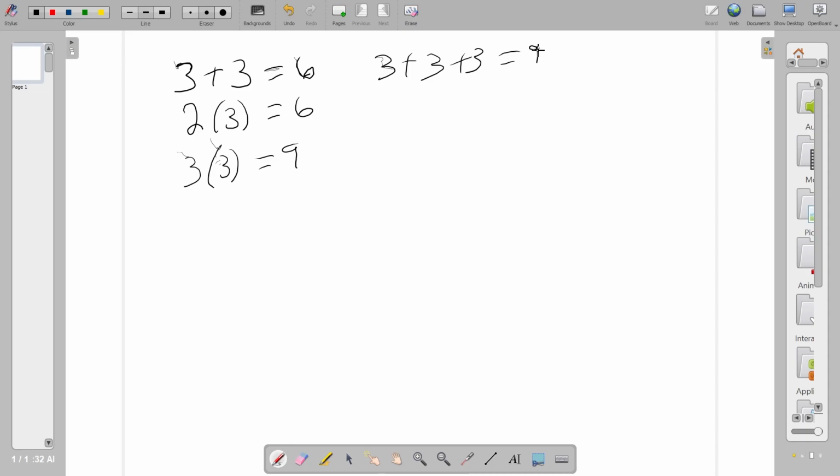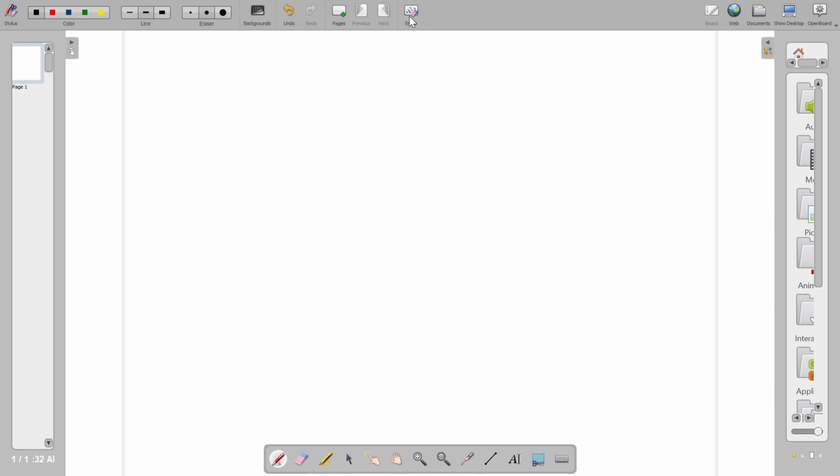That's how multiplication works, right? Multiplication is related to addition because it's telling you how many of that number to add together. Well, exponents are basically the same thing, only using multiplication.